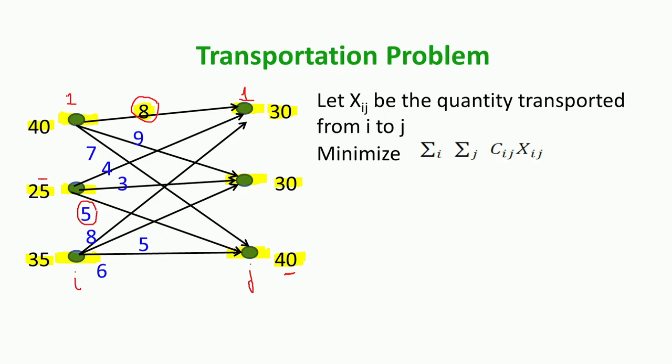The unit cost coefficients would be 8, 9, 7, 4, 3, 5 and so on. If Xij is transported from supply point 1 to demand point 1, each unit is going to cost us 8, therefore, the total cost will be 8 X11.